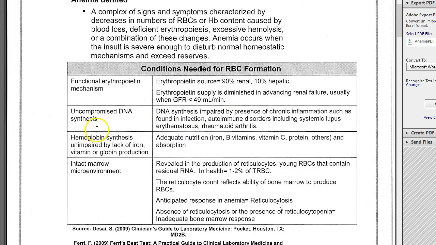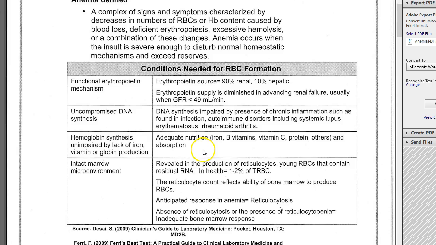You also need uncompromised DNA synthesis, and this can be impaired in the presence of chronic inflammation, especially in the setting of an infection. And then where else do we see chronic inflammation? We see it underlying autoimmune disorders. So look out for that. Hemoglobin synthesis must be unimpaired by lack of iron, vitamin, or globin production.